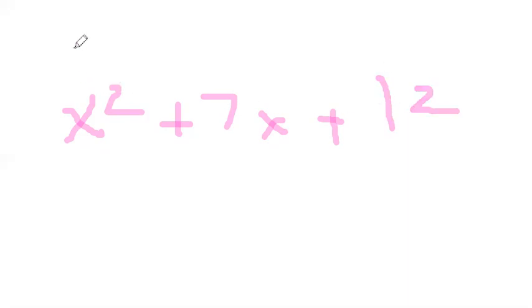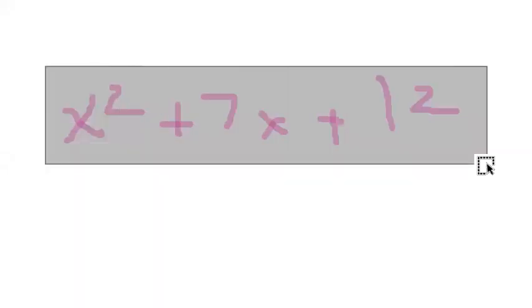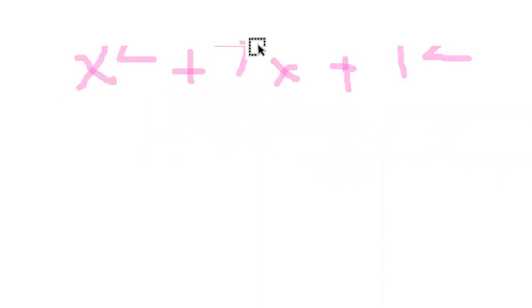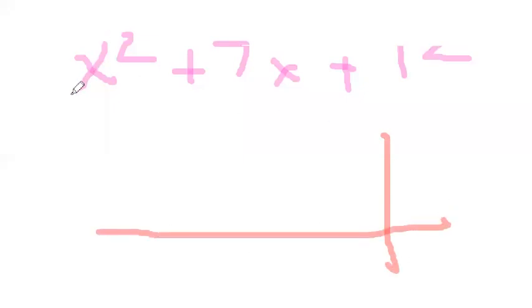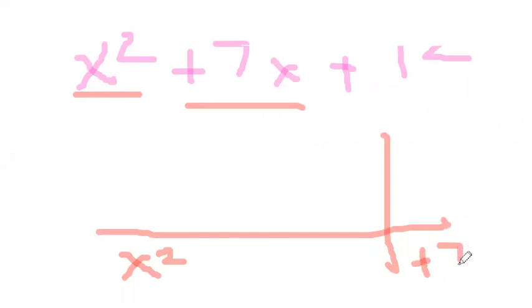Now the easiest way to factorize this equation is to draw two lines like this and put in the first term over here, x squared, the middle term at last, like over here, the corner box, and the last term in the middle.